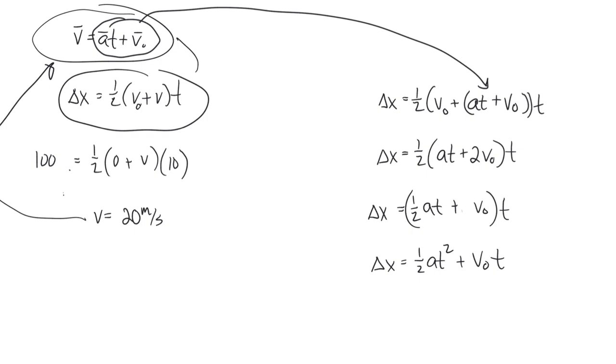I now have a new relationship. You'll notice this relationship has 4 motion variables in it, but does not have final velocity in it. It's another to add to the list.